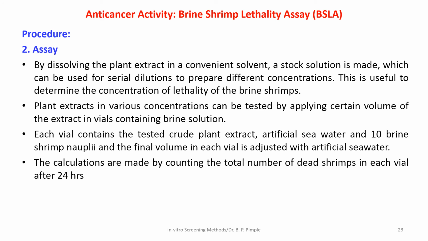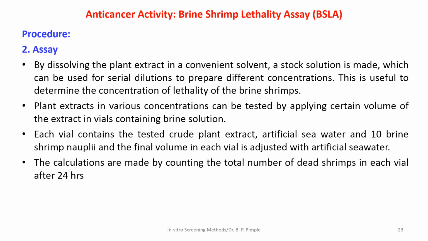The nauplii are ready, and the assay procedure starts from here. That means this is the second part, that is the assay. The plant extract or the isolated compound that is to be analyzed for anti-cancer activity is dissolved using a suitable solvent, and a stock solution is prepared. Let us take an example of vincristine sulfate isolated from vinca, and it is dissolved in methanolic solution.